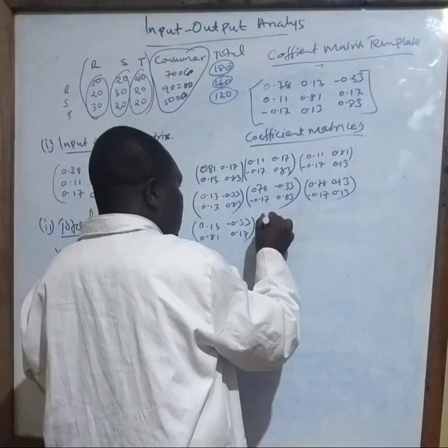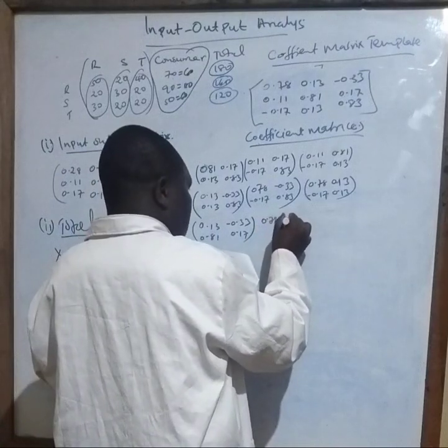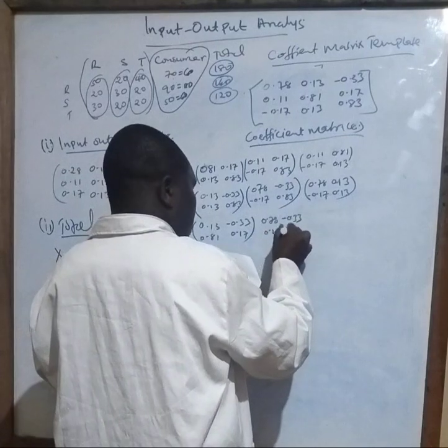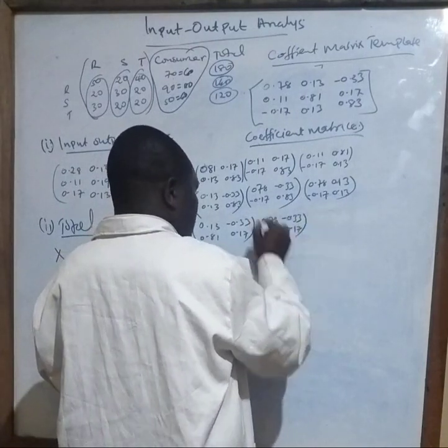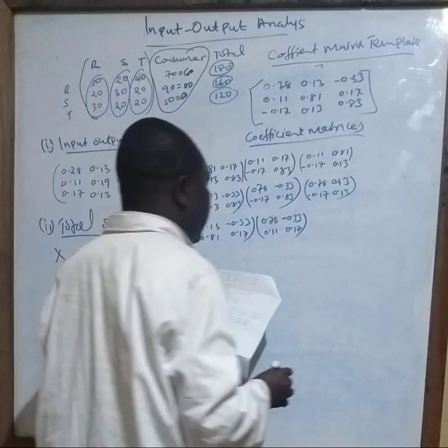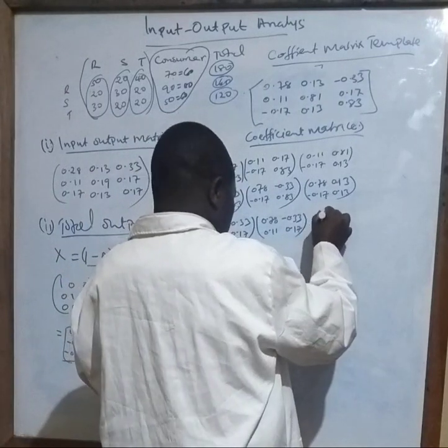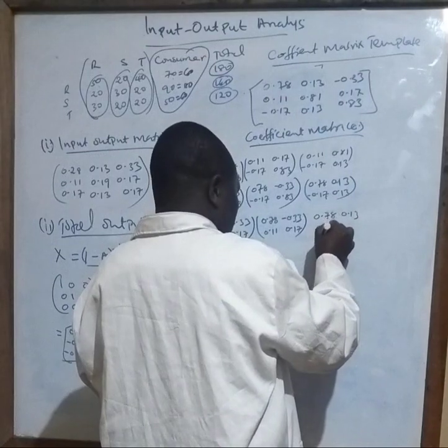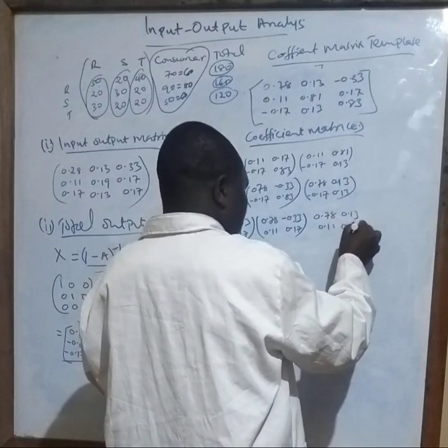Then we have 0.78, negative 0.33, 0.11, and 0.17. Then the last one is 0.78, 0.13, then 0.11, finally 0.81.